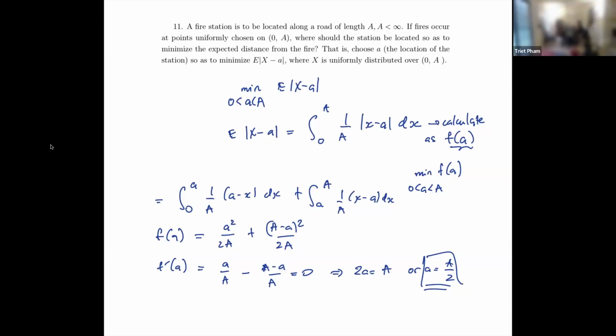So let's take a step back at this problem and take a look. What is this value? Is this anything special in terms of the uniform? Is big A over 2 a special value in terms of the uniform 0 to A?